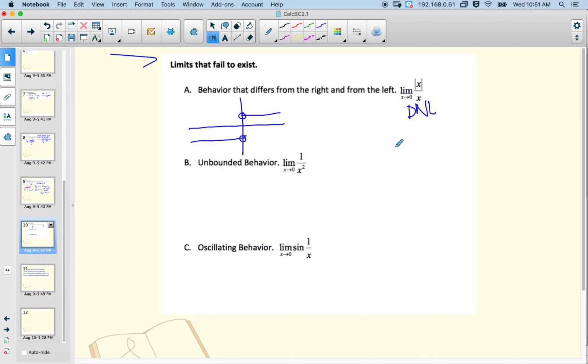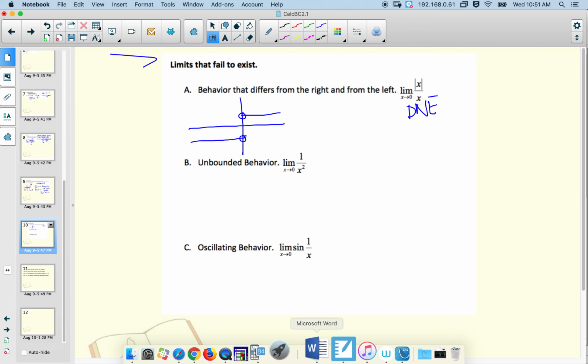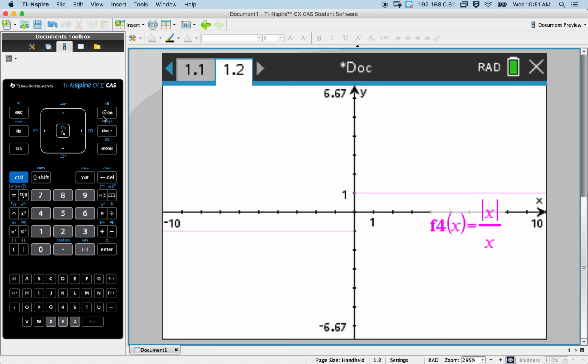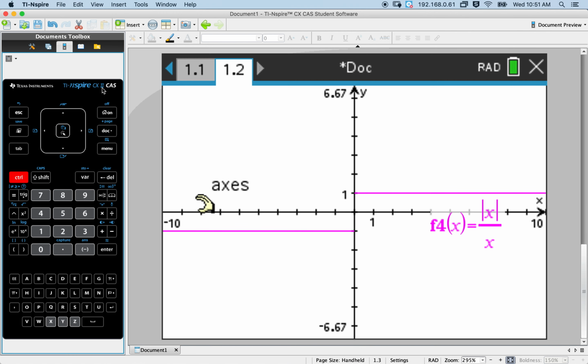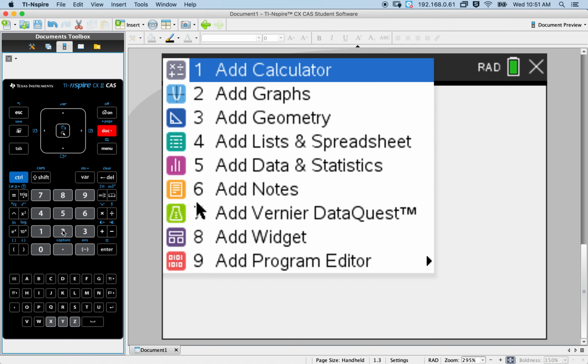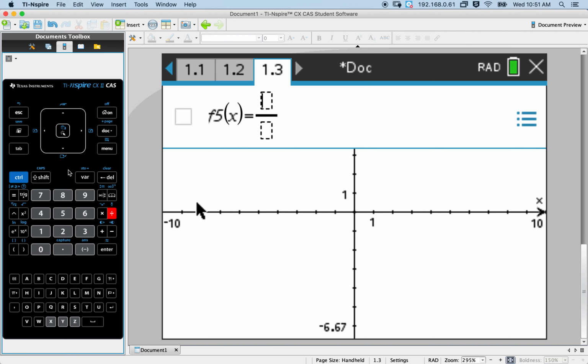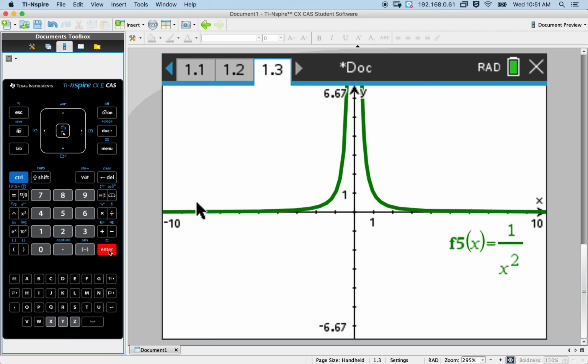Okay? All right, let's take a look at 1 over x squared. I think I know what that looks like, but let's go ahead and just verify. Make a new page. So 1 divided by x squared. On the Inspire, you do have to hit enter.